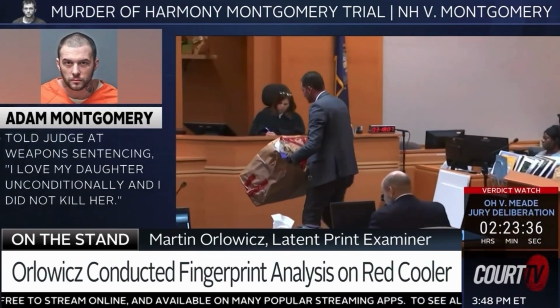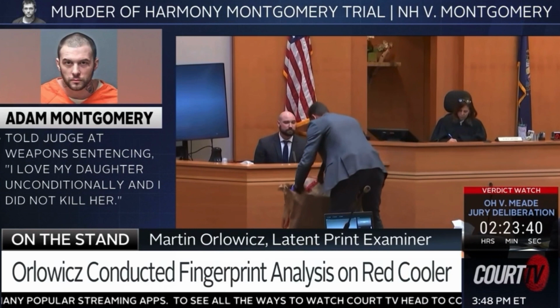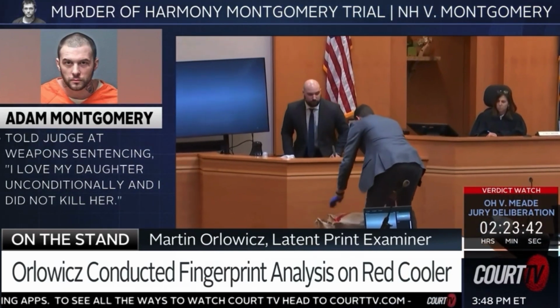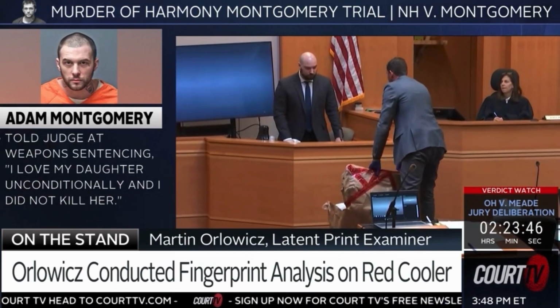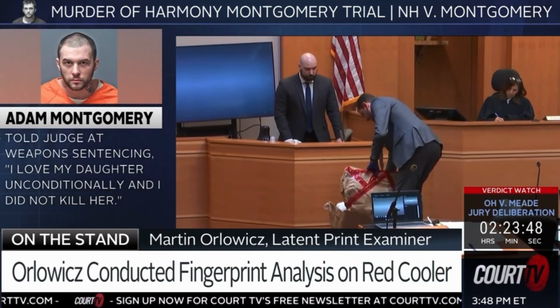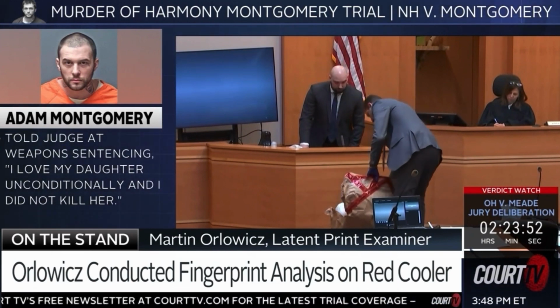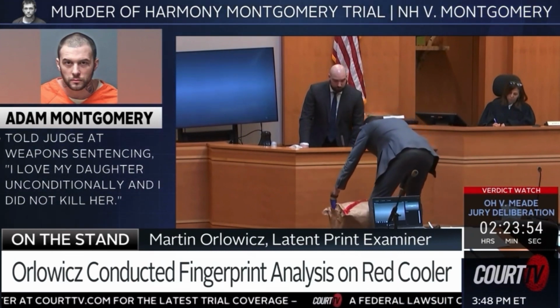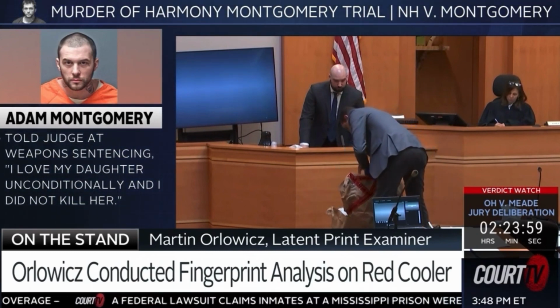Mr. Orlowitz, I'm showing you what's been marked for identification as State's Exhibit 73, and I'm just going to ask that you stand. Do you recognize this item? Yes, I do. Is this the item that you conducted testing on? Yes, it is. You removed it from the baggage.